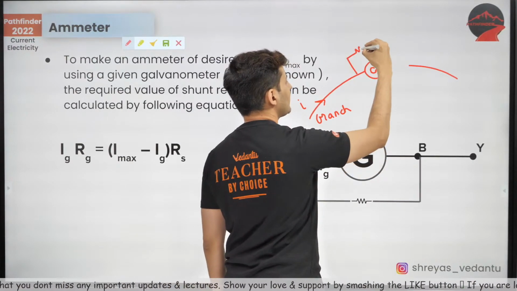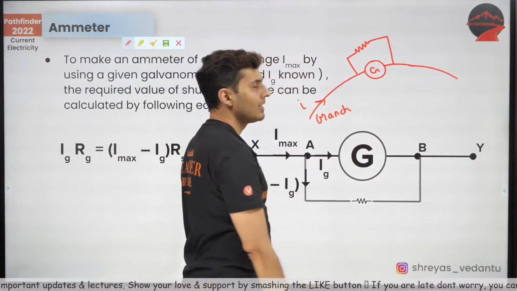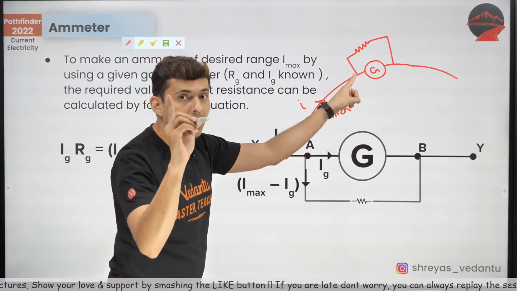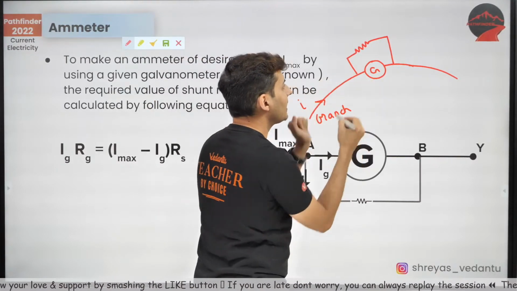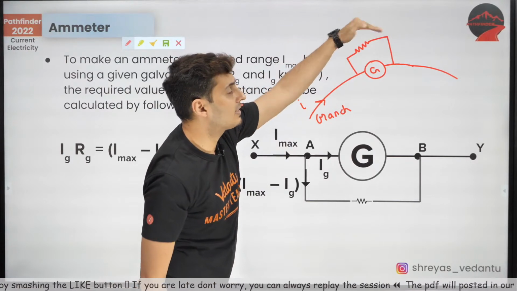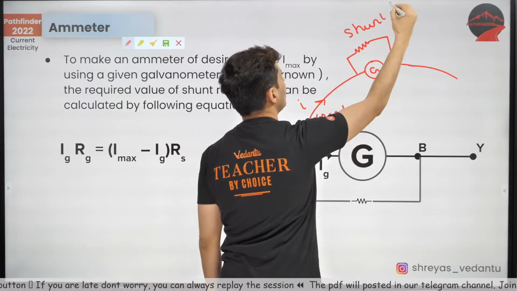You connect another resistor in parallel like this, and make sure very little current passes through the galvanometer. Most of the current will get bypassed across this resistor called the shunt resistance.